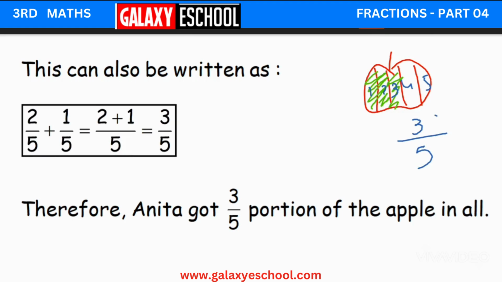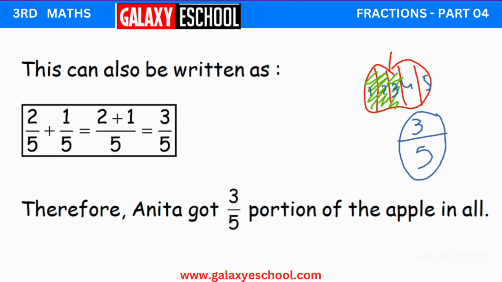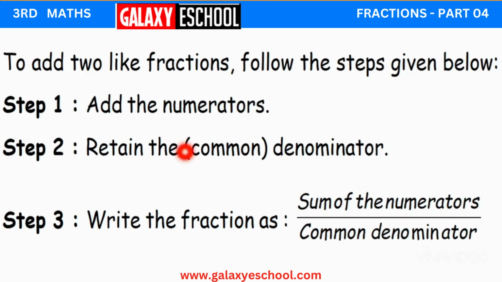So Anita has got 3 by 5 portion of the apple. Yes or no, children? So this is the diagrammatical representation, and when asked in the exam you should write like this: 2 by 5 plus 1 by 5 is equal to 2 plus 1 divided by 5, that is again equal to 3 by 5.